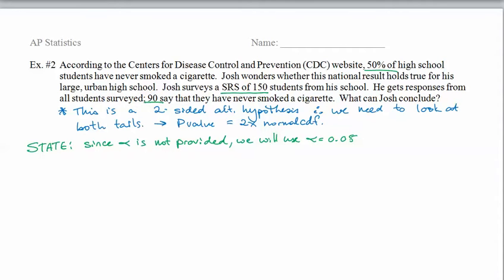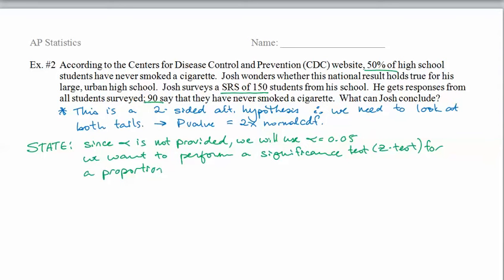We want to perform a significance test, and this is a one-proportion z-test for a proportion, where p is the proportion of students who never smoked cigarettes.